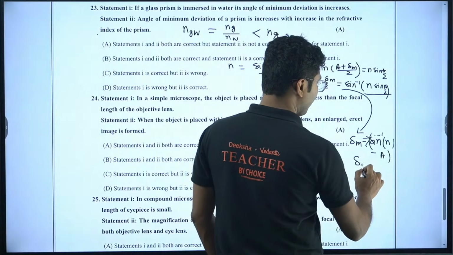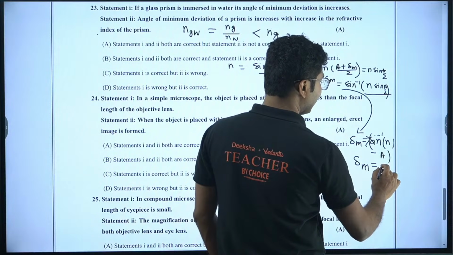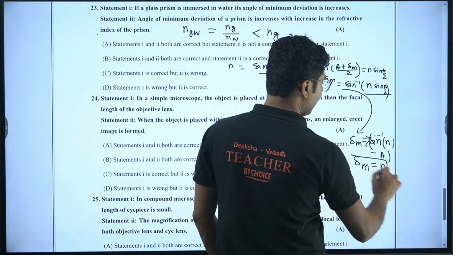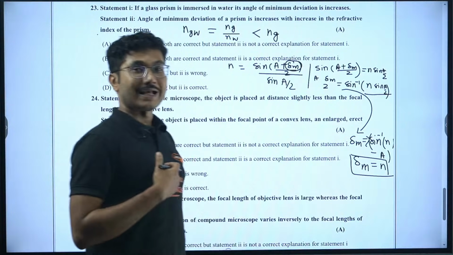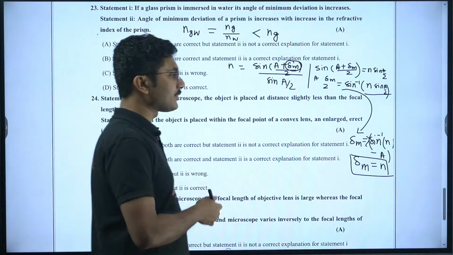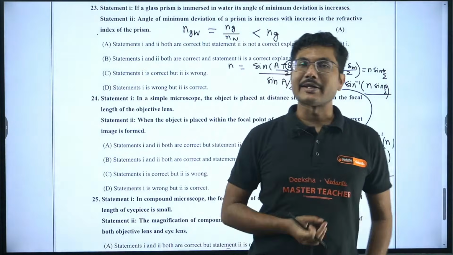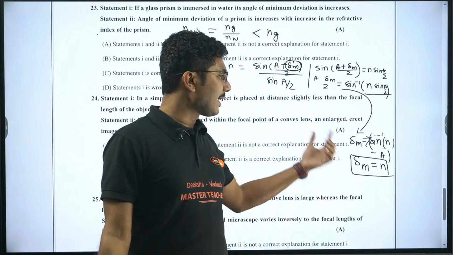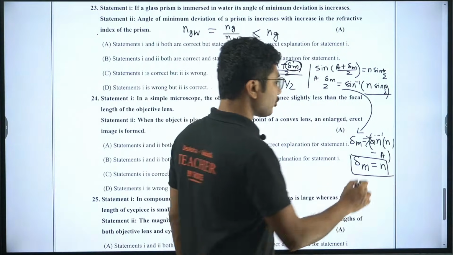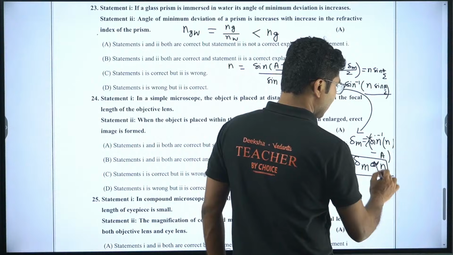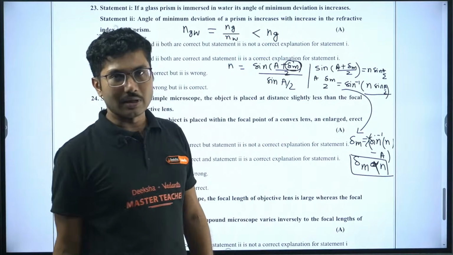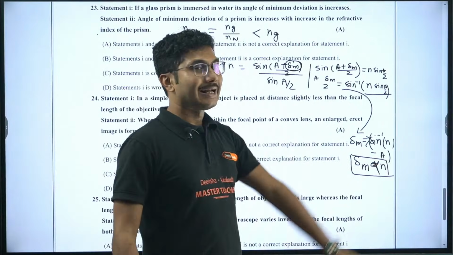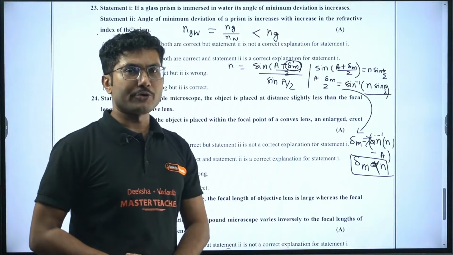From this equation, sine inverse can be extended as an expansion. If you have done binomial expansion, similarly sine inverse can also be expanded, and you can eventually find the relation that delta m is directly proportional to n. The relationship is not very simple, not super easy, but delta m is directly proportional to n.